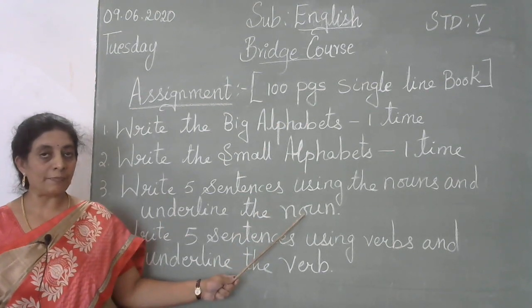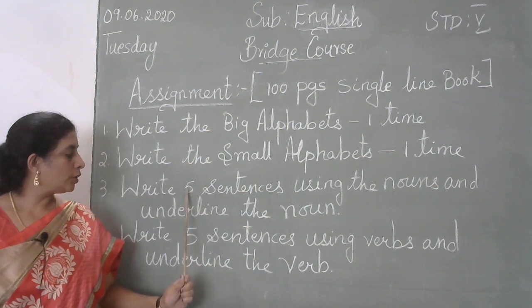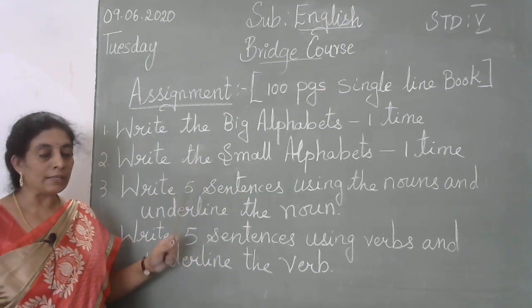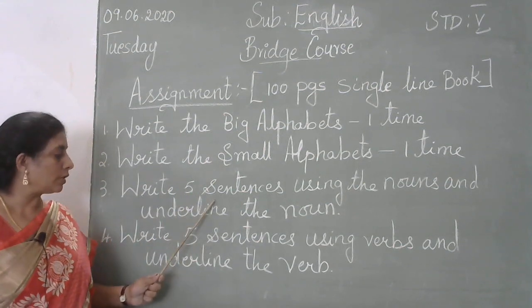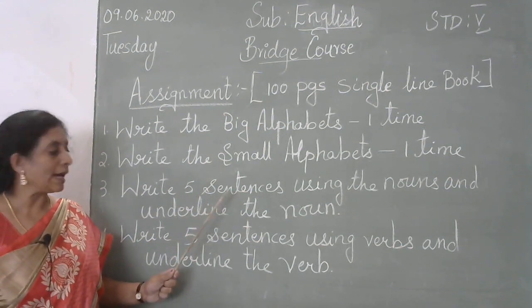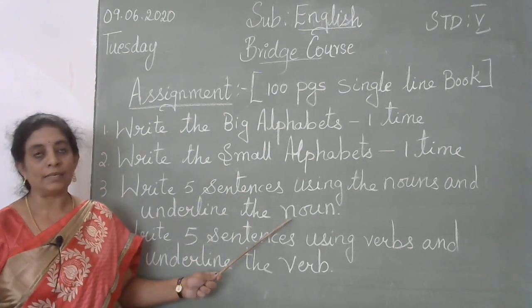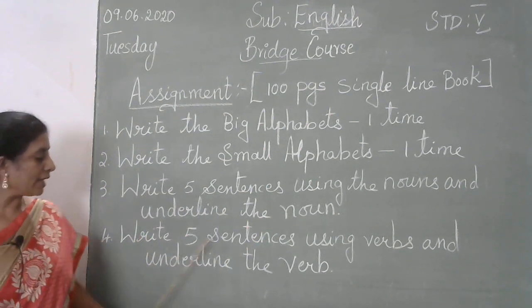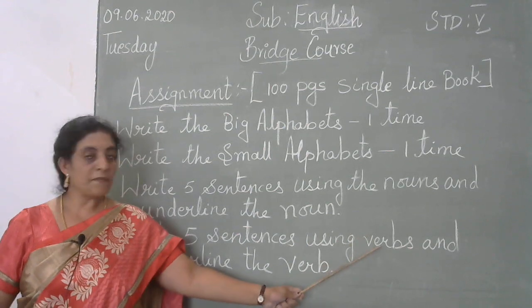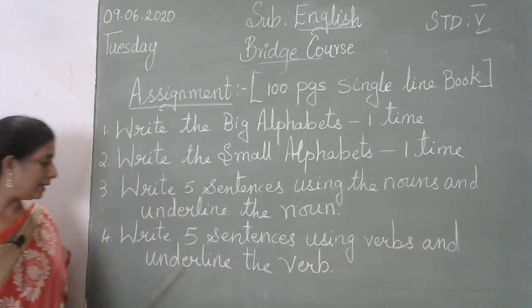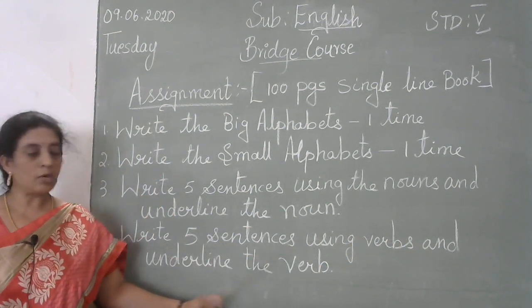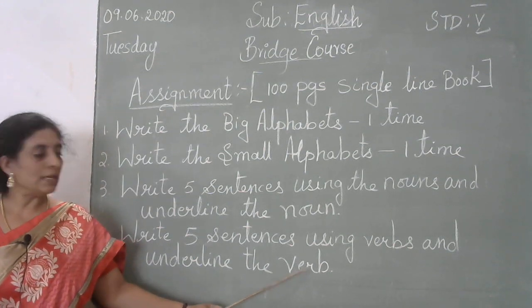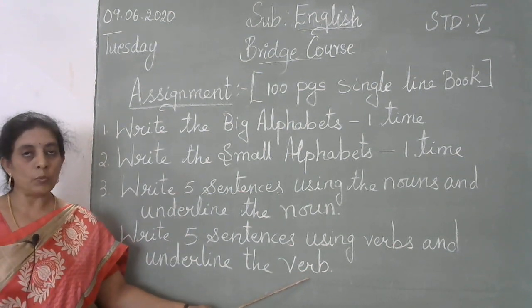Whatever examples I have given you, I want you to use them in the form of sentences, not only the names of the nouns. And in the sentence you have to underline the noun. The fourth one is write 5 sentences using verbs and underline the verb. After you write the sentence, underline the word which shows the action as the verb.